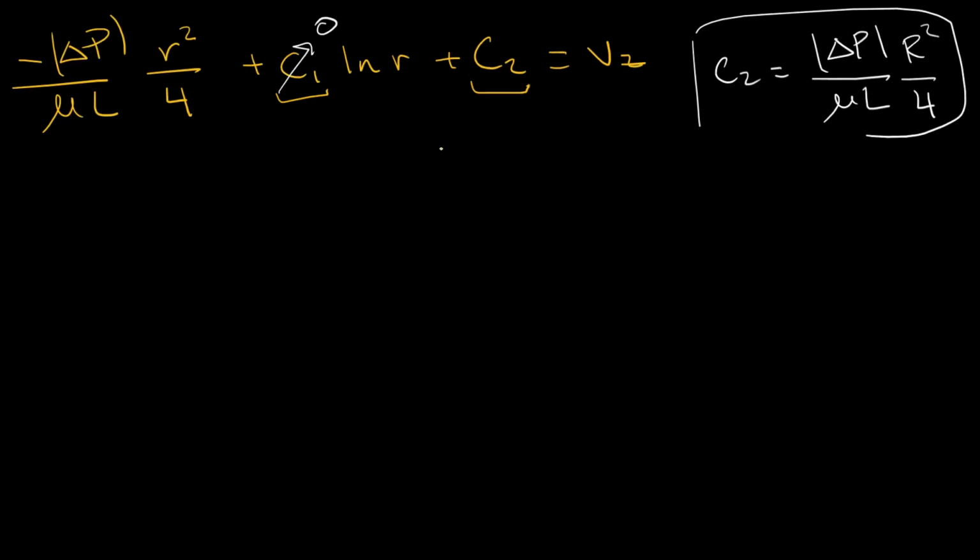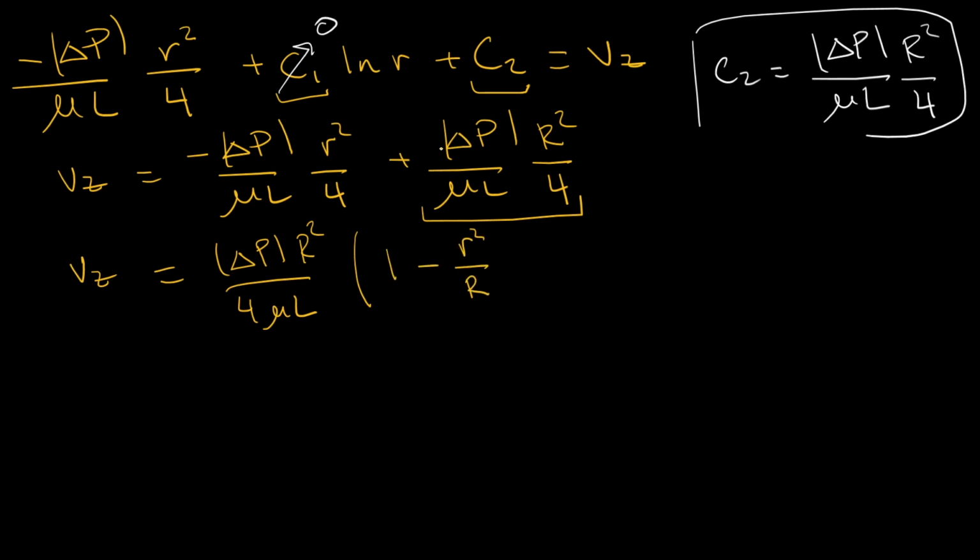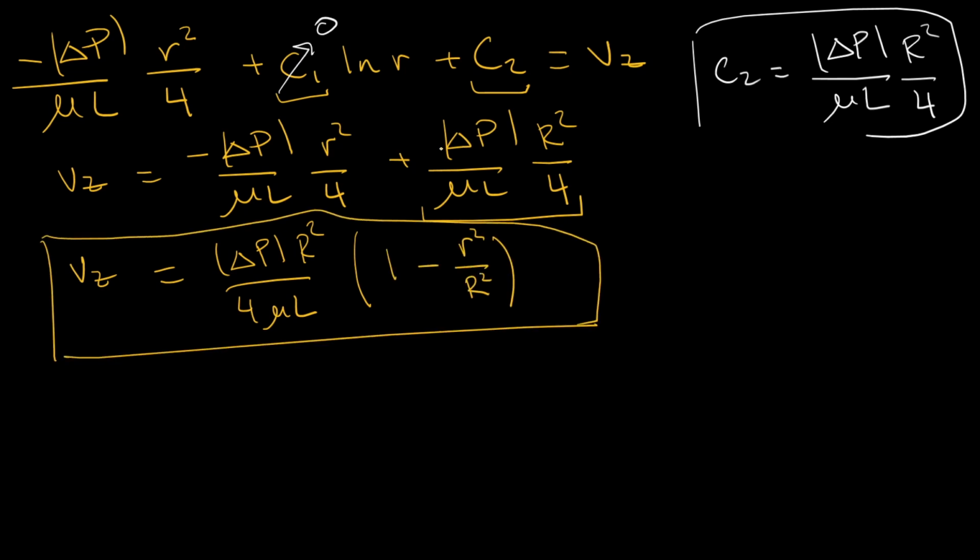So to finish up, let's just solve for Vz. And this is a good enough solution, but we can actually simplify this out a little bit more and write Vz is equal to pulling out some of these terms, basically pulling out this whole expression on the right-hand side. And that's the solution to this problem.